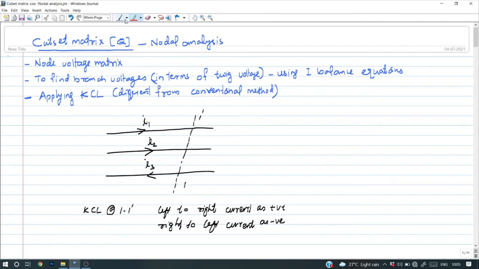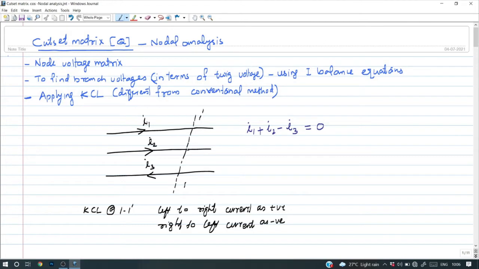Now we can write down the equation like this. I1 is positive, I2 is positive and I3 is negative. So their algebraic sum at this imaginary line 1, 1 dash is 0. That means here we are applying KCL at this imaginary line. That line is known as a cut set.